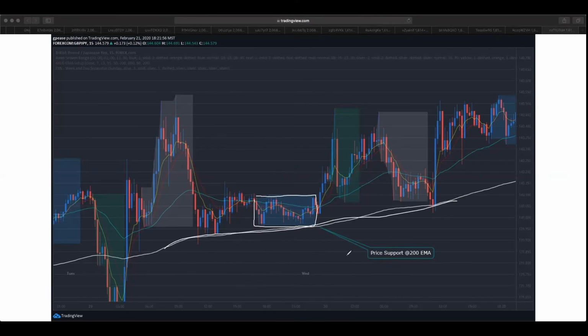The 200 is acting as support, right? So this is acting as support here. But a better example of something that's pinning would be something, let's say, like this here, where it stops as a take profit from, let's say, this here. Do you see that?